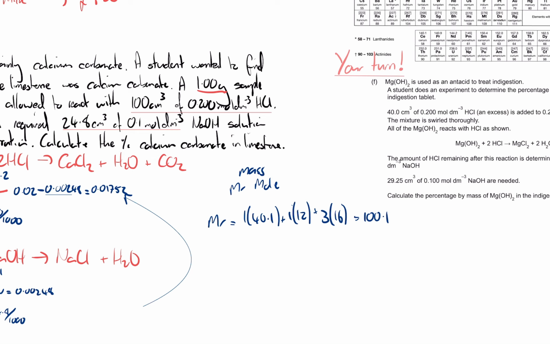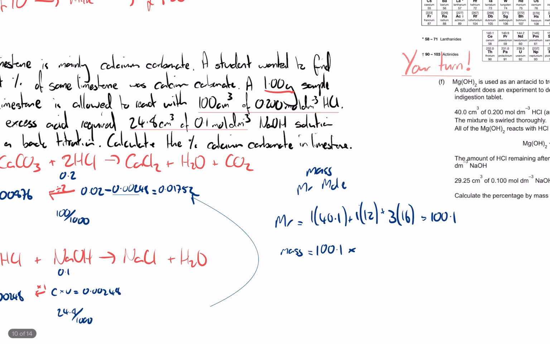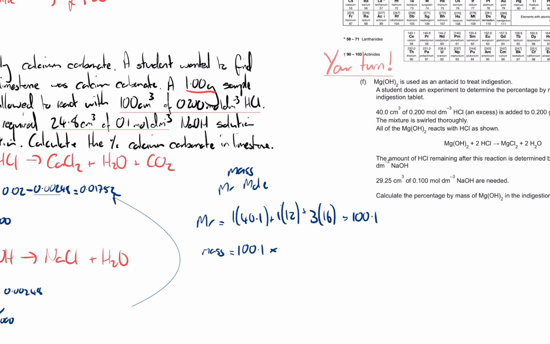Nice. Then to work out our mass, we're going to do our Mr, which is 100.1, multiplied by the moles we worked out, 0.00876, and there we get to 0.877 grams.